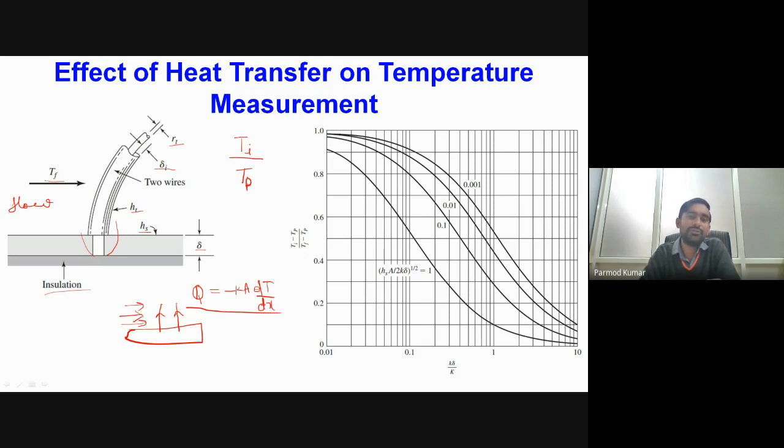So if we apply our fundamental knowledge of heat transfer here, we can try to find the relationship of the temperature profile as a function of parameters associated with the different modes of heat transfer.